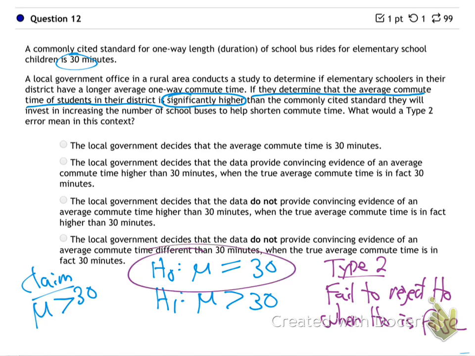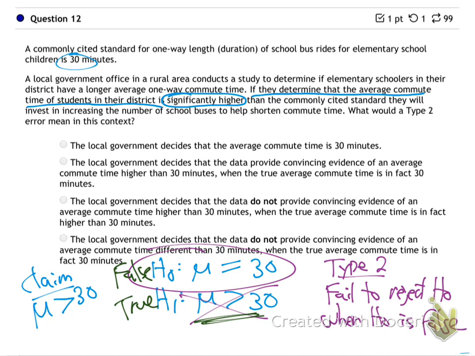You keep the null and reject the other one. But you shouldn't have, because the null is really false. You with me? So what is really the truth here then? If that null is really false, that means the other one is really true. So what's really true? The average is greater than 30. That's what's really true. But we didn't go that way.